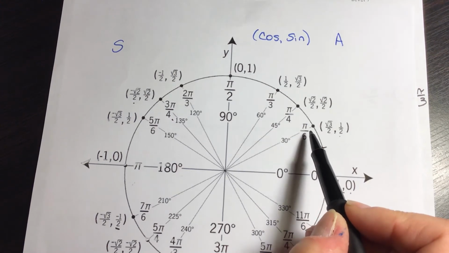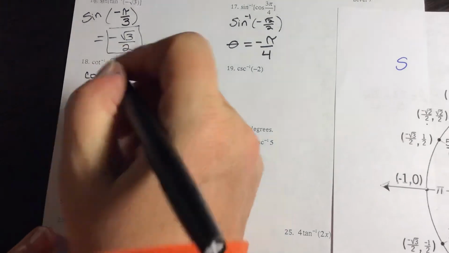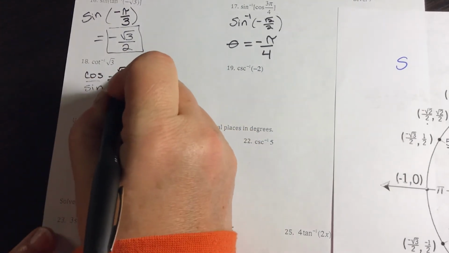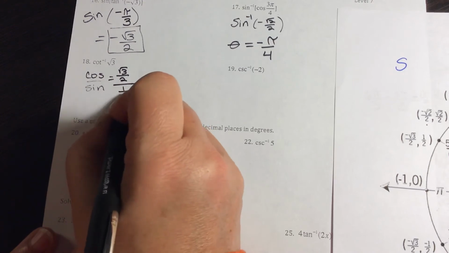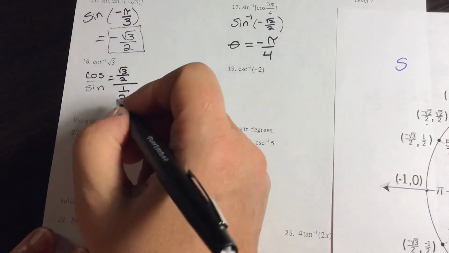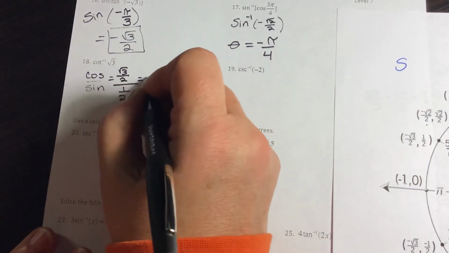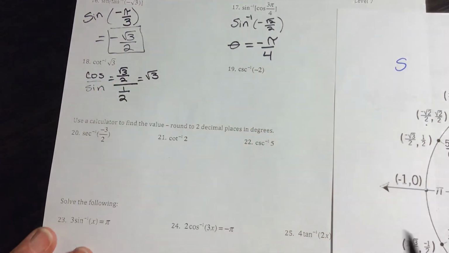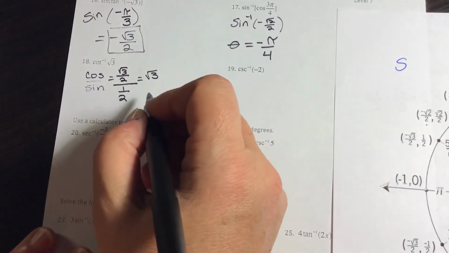All right, but I'm looking for the cotangent. So this is square root of 3 over 2 divided by sine is 1/2. And if I multiply by the reciprocal, I'm going to get square root of 3. So the angle I was looking at is pi over 6.